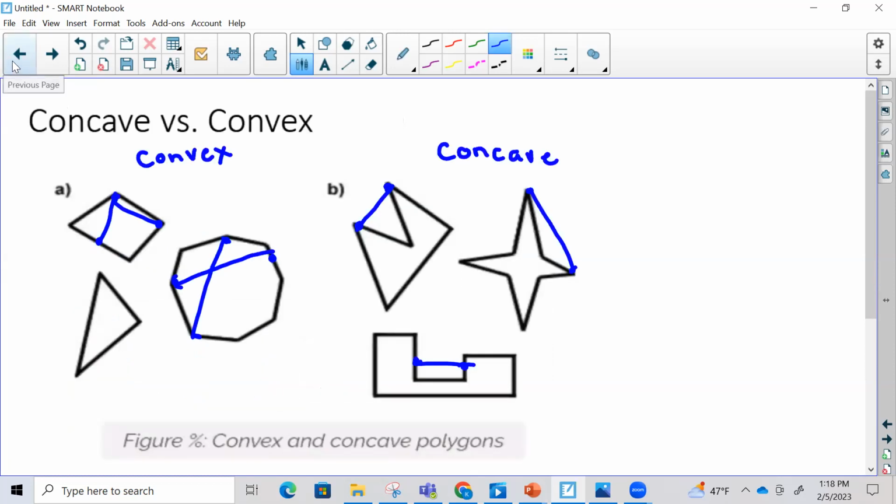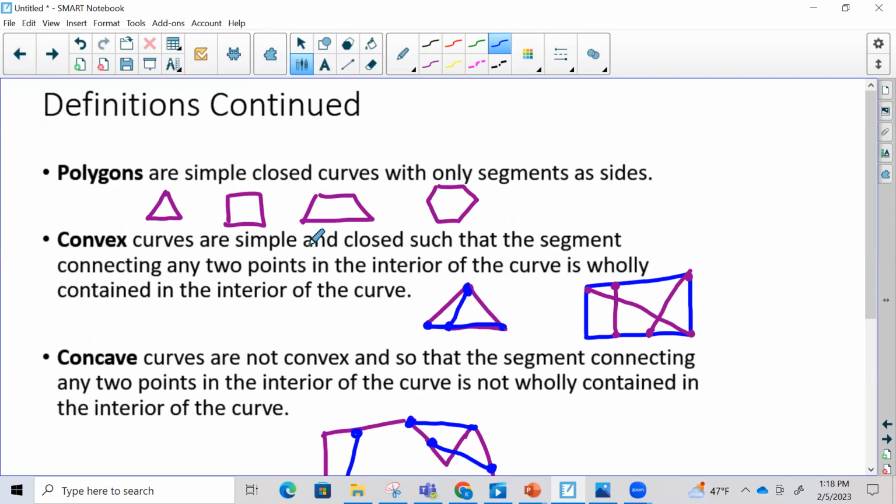And then we have convex and concave as our last two columns. So again, convex means it's simple and closed, and we can connect any two points, and that line segment that we connect it with is completely inside the figure. Okay, a concave figure, again, is also simple and closed, but it's not convex.